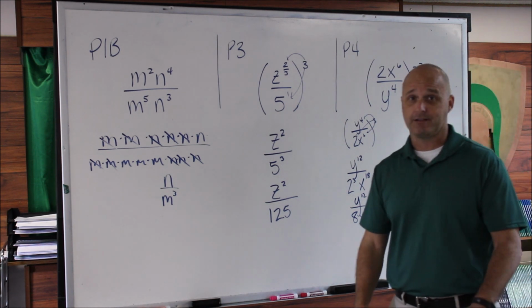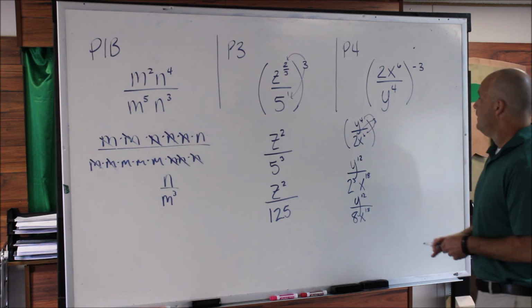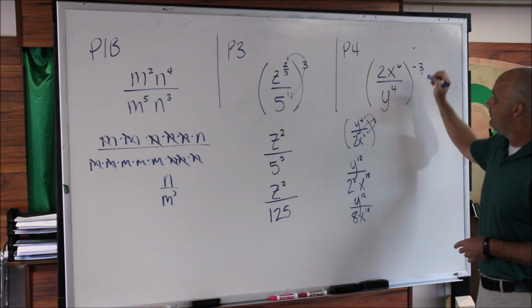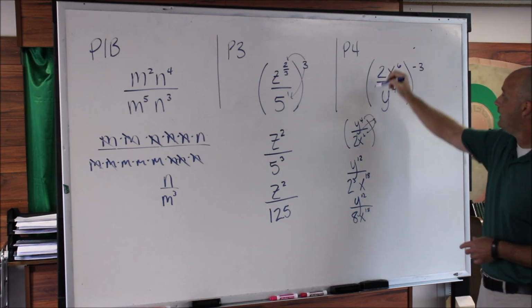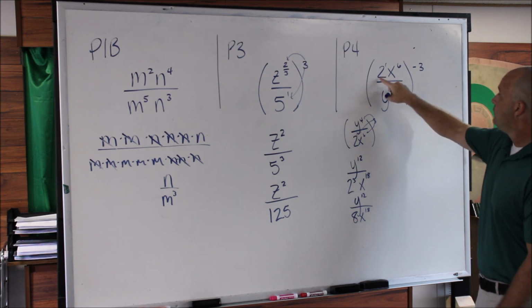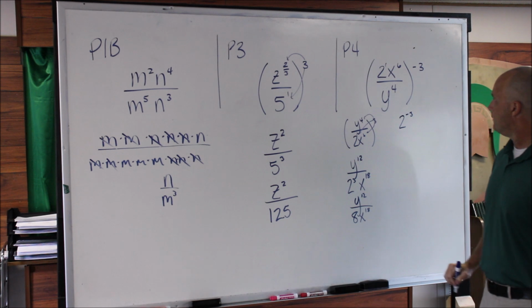Now if I've done this correctly, I should get the same answer working it through the other way. So since I flipped this first before, what I'm going to do this time is distribute this negative 3 through to everything. So remember, that's 2 to the first. 2 to the first to the negative third is 2 to the negative third.